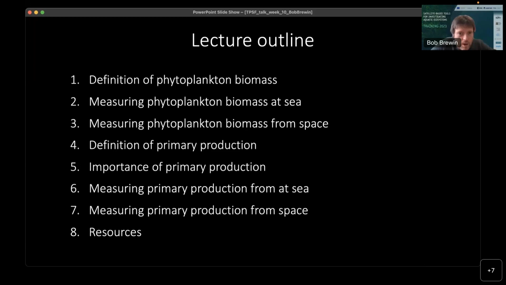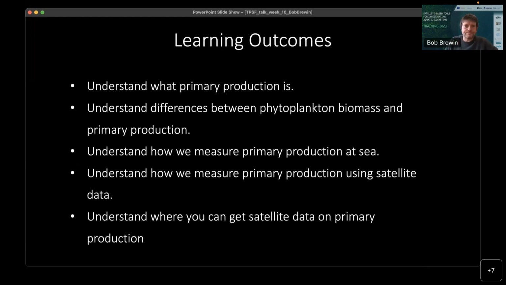So why is it so important and why are we doing this? Briefly touching on how we make measurements of primary production in the sea, and then from satellite observations, and then finishing by highlighting a number of resources that are available to the community, data sets that are available that you are free to play with afterwards.